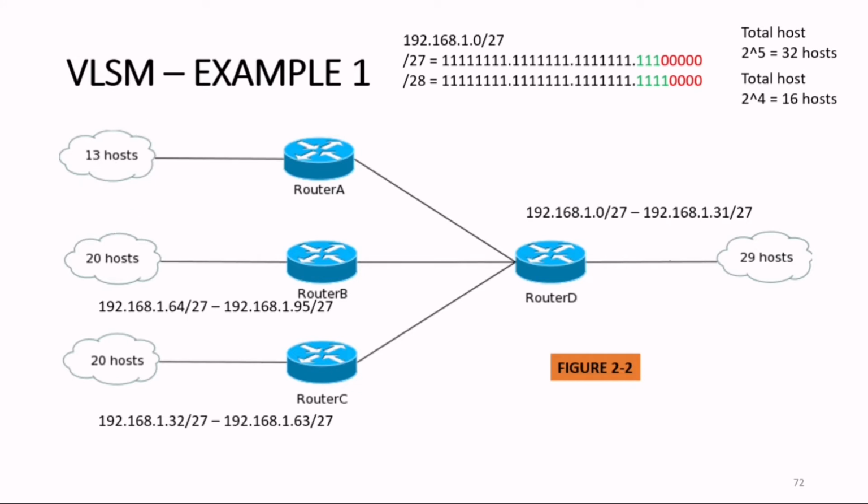So for this local address, we can write it down 192.168.1.96/28. This is the range, 192.168. Sorry, here it should be dot 1.